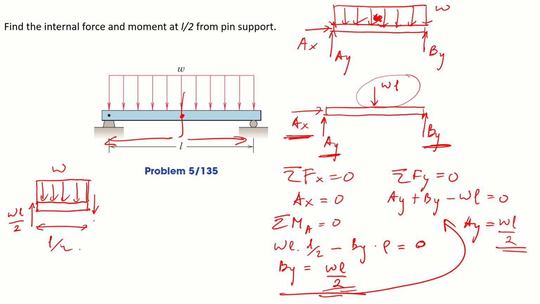So V is going down here and moment is counterclockwise, because at the right side of a particle cut, the positive V is going down and the positive moment is counterclockwise, as I told you previously.